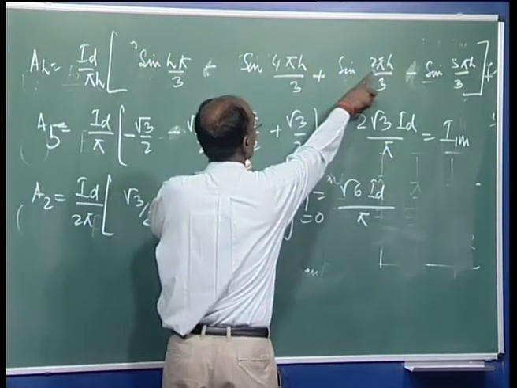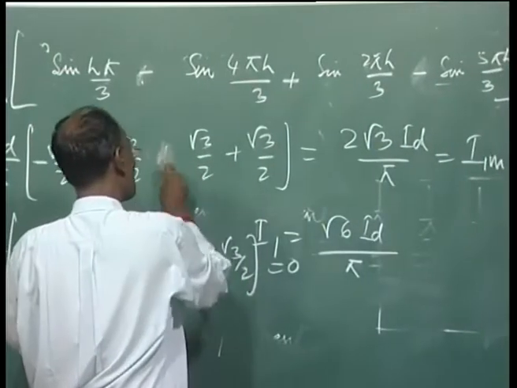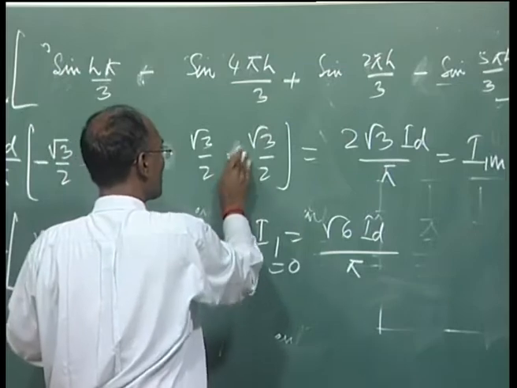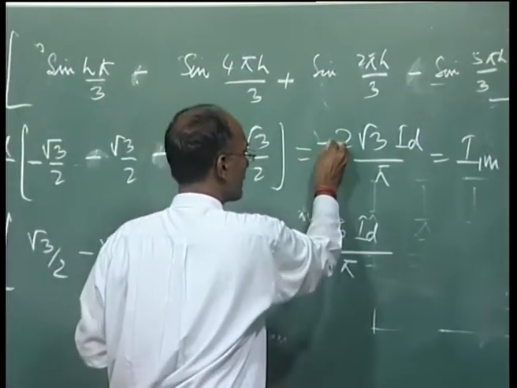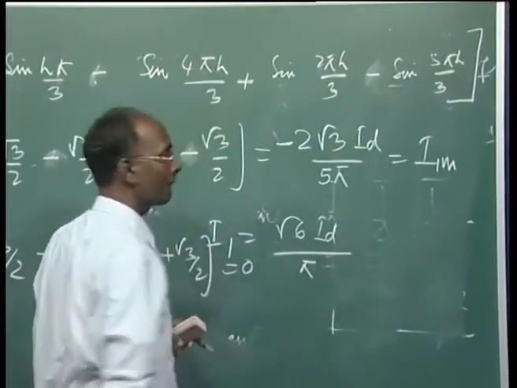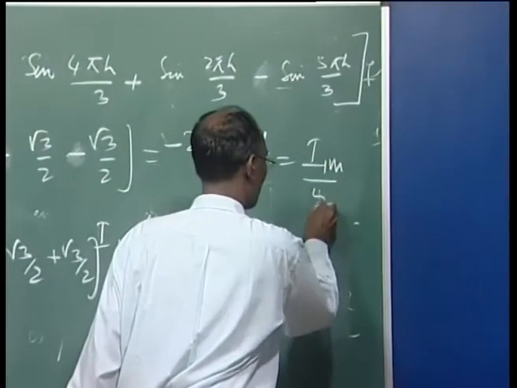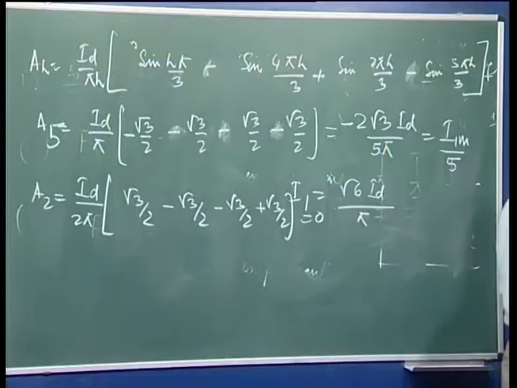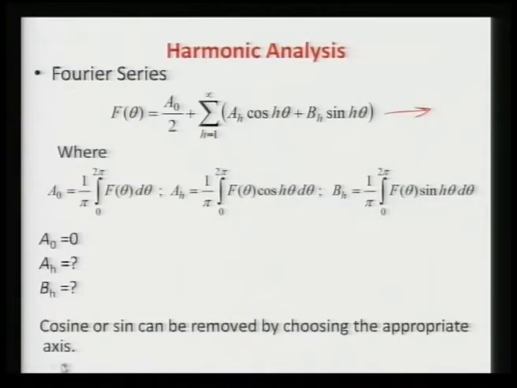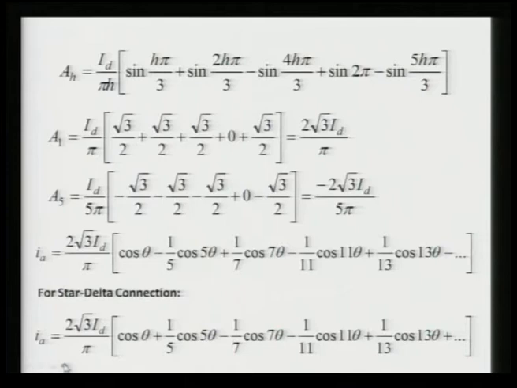This value here, putting 10 pi by 3, is also minus, and this will also be minus. So we are getting this, and finally it is divided by 5. So the fifth harmonic, you can see this value we are getting.